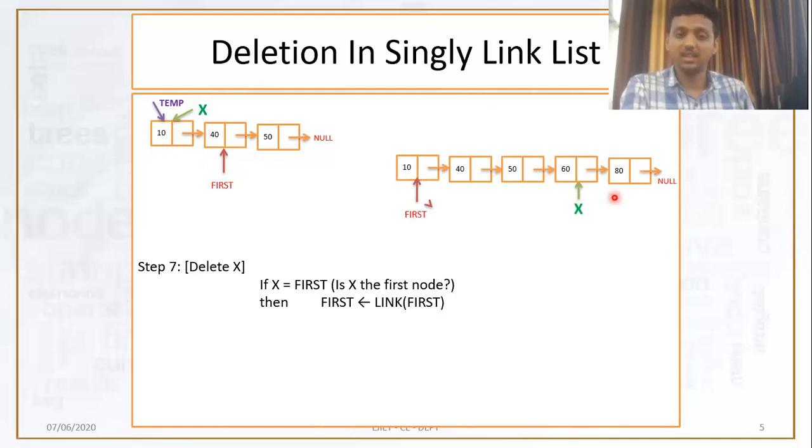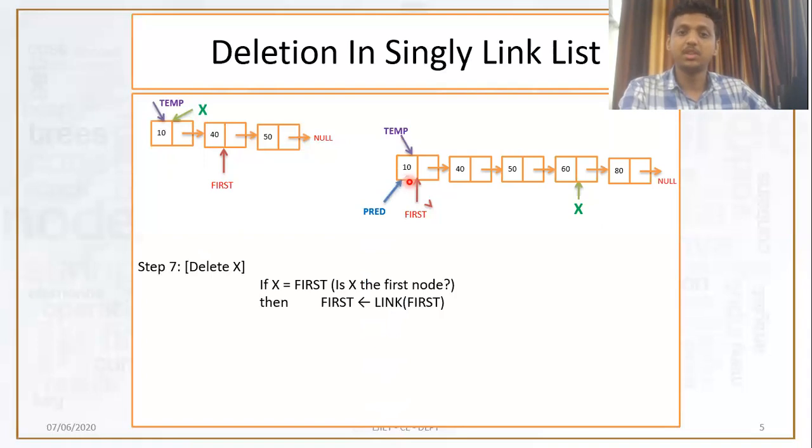If x is there in the middle of the linked list, then what happens? Okay, so see, I'm just going to initialize temp over here. This is our first scenario that we have seen during step number 2. First we need to initialize temp over first, then we need to take pred.